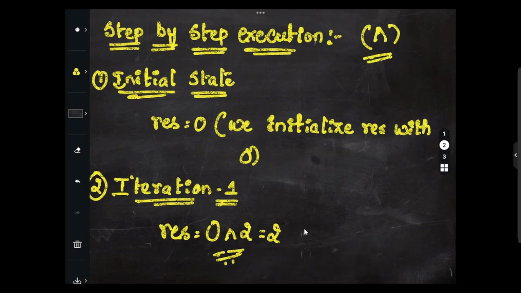First, let's go with the identity property: x XOR 0 is x.